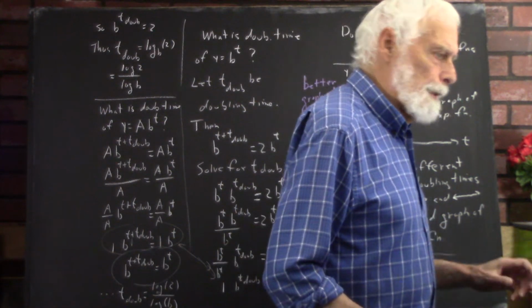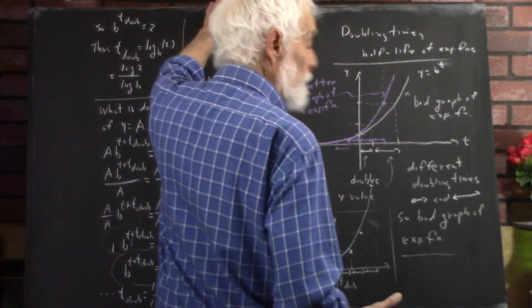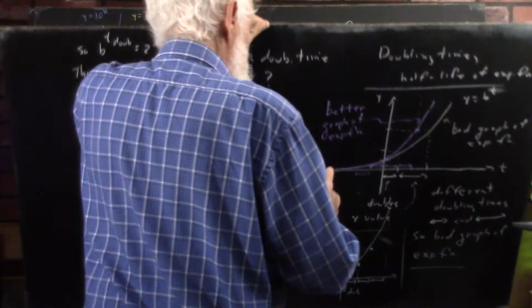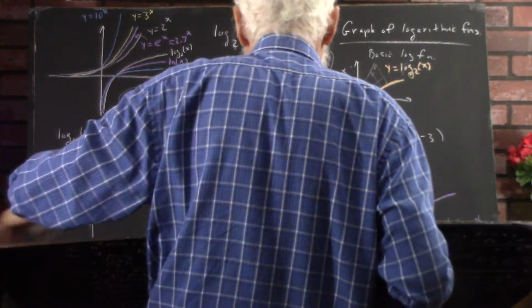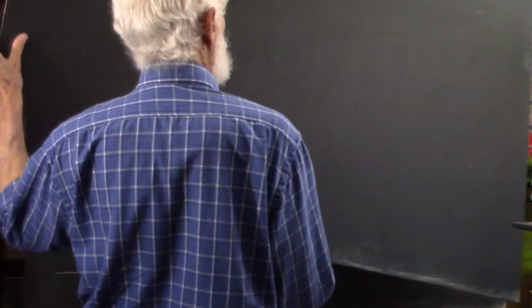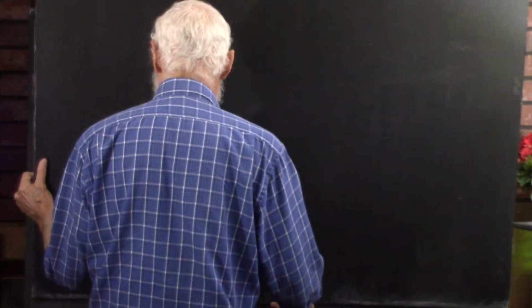Now this idea of doubling time is really important. You can imagine, for example, you have your compound interest. Okay, so if you're compounding your interest continuously, let's say, because that's what you really like, but it doesn't have to be continuous. Well, actually, I'm not going to do continuous. I'll do a discrete one first.